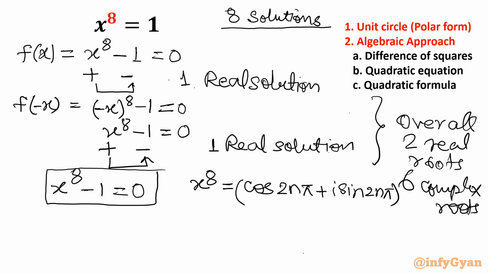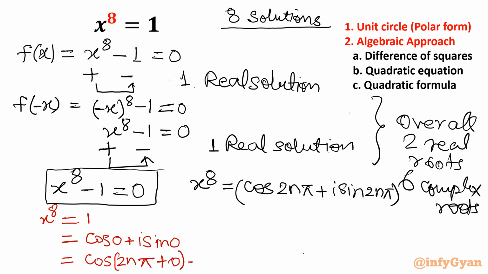Or see the second approach: x power 8 equal to 1, that means in terms of cos, it is cos 0 plus i sin 0. Now generalize this, looking for the general solution: cos(2n pi + 0) plus i sin(2n pi + 0). So the same thing I will be getting.